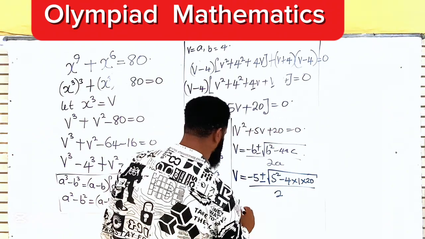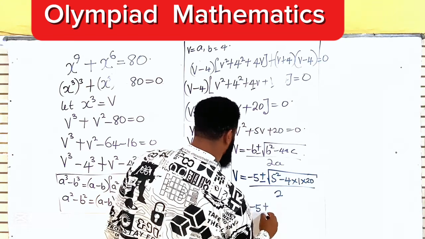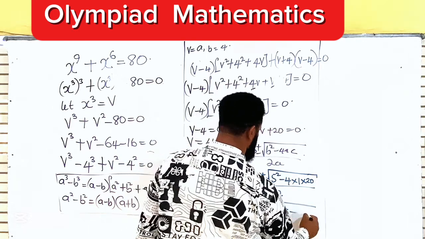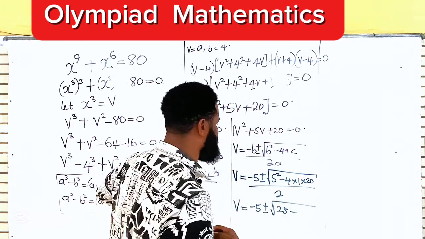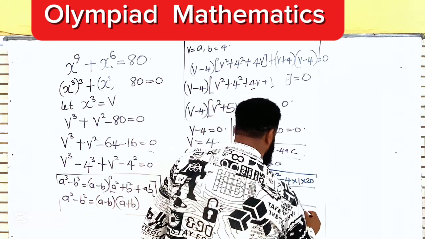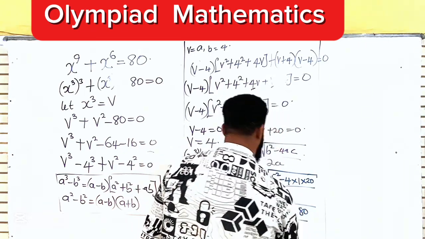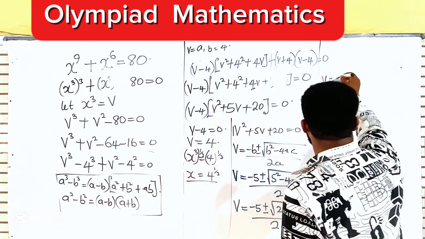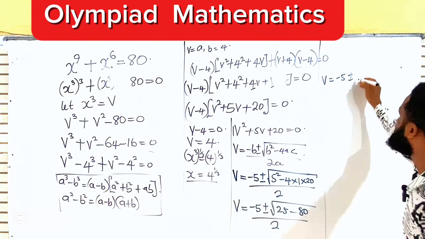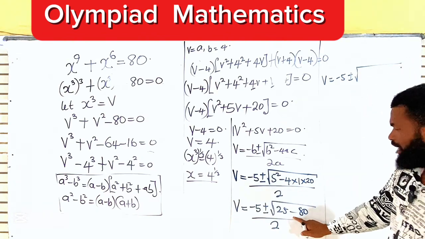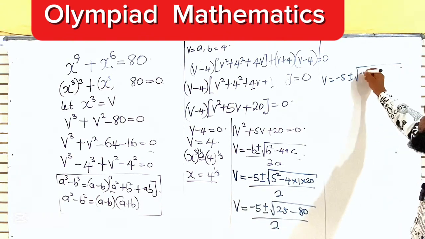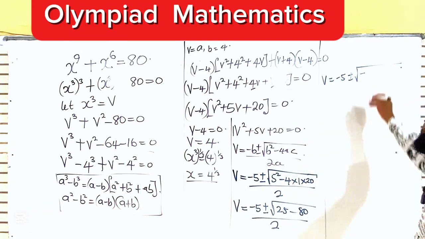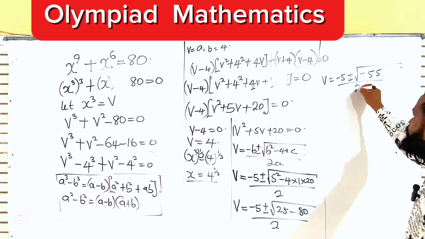So I'm having that V is equal to minus 5 plus or minus, this is 25 minus 80. Oh, I have a complex number. That is going to be negative 55, all over 2.